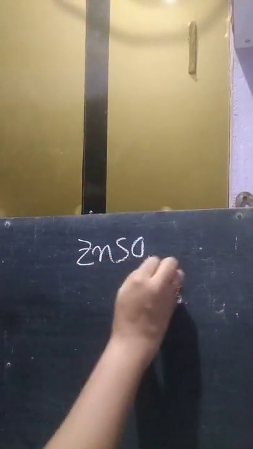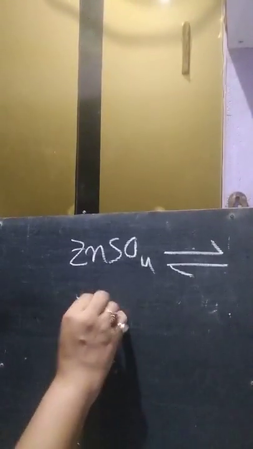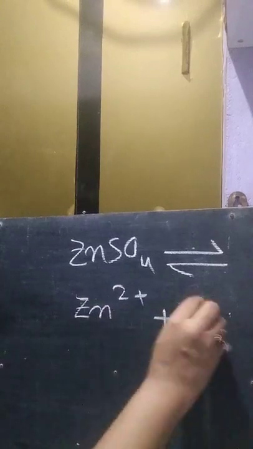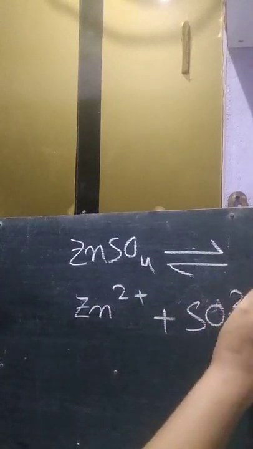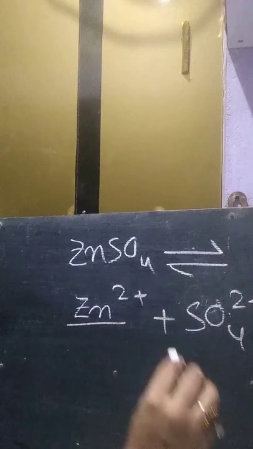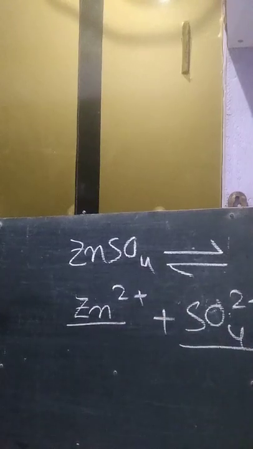Why? Because zinc has the tendency to become zinc ion. If I ionize this part, it will produce Zn2+ and SO4 2-.